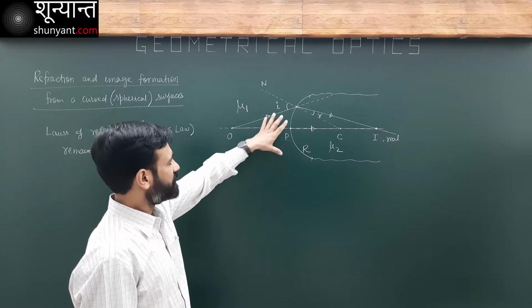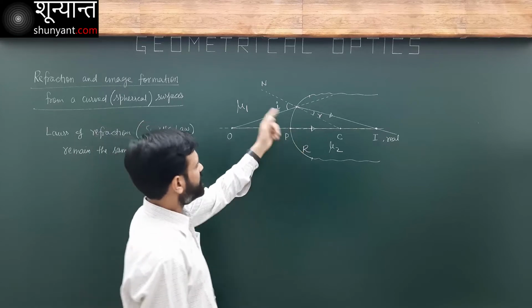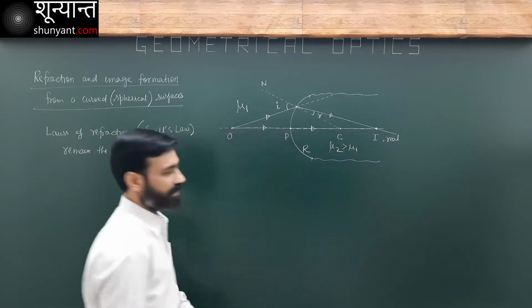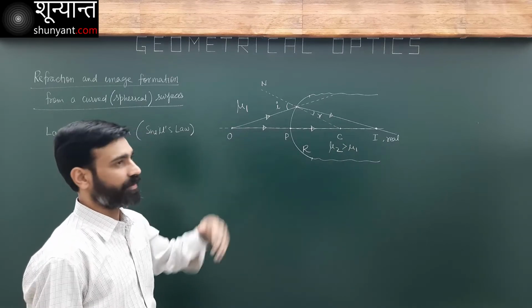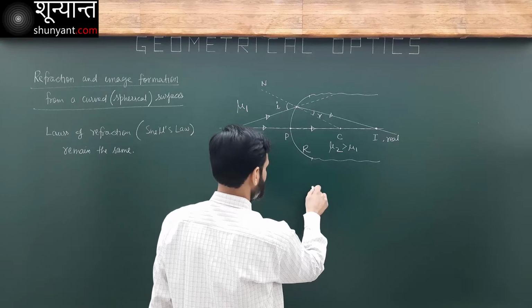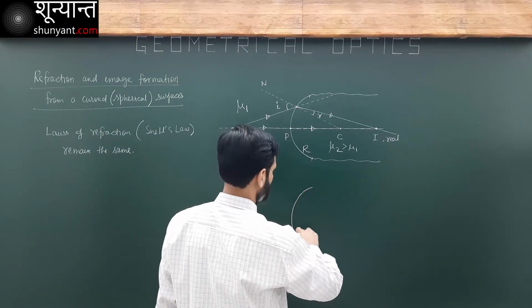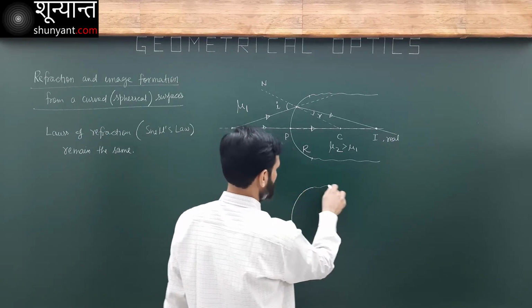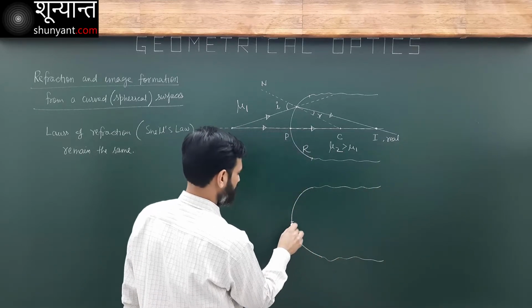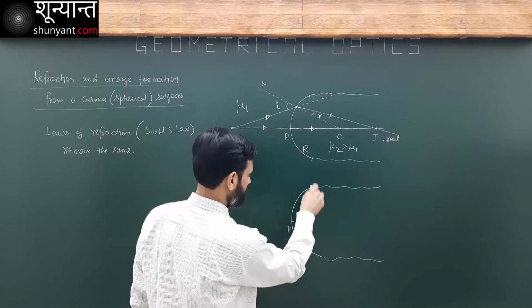Now, if this surface, in this particular case, mu2 is more than mu1. I can have a case where mu2 is less than mu1. Do you see? It's like this. I have this spherical surface. It has a certain radius. This is my pole, the middle point of the refracting spherical part.